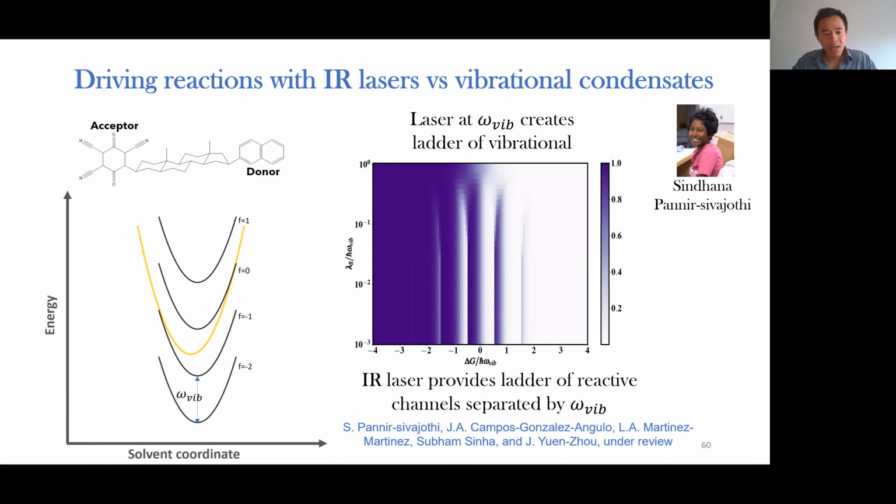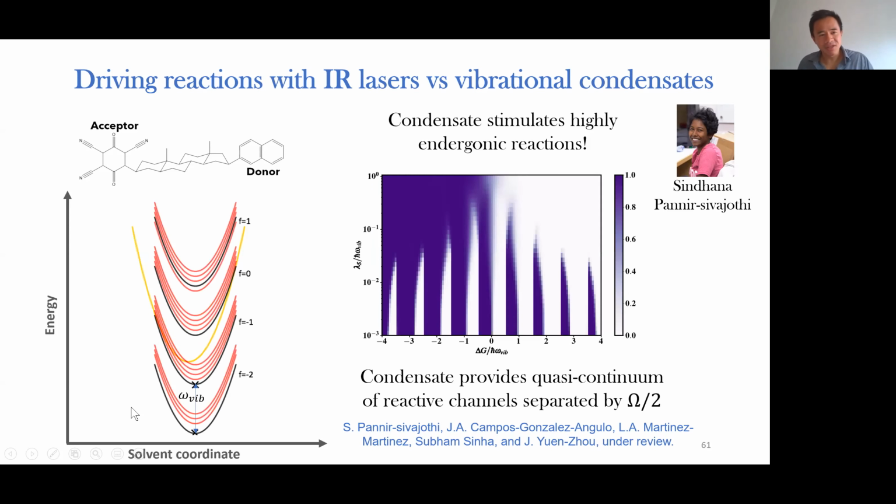Okay, but the important thing is that for this type of control, you can only make the parabolic potentials shift by 1 quanta of vibrational excitation. But when you have the condensate, you have a lot more pathways. And why is that?